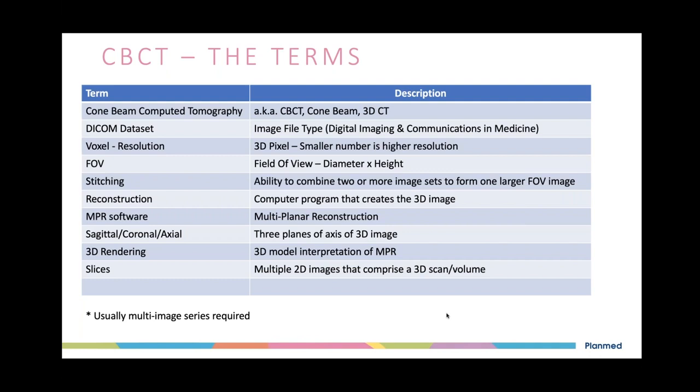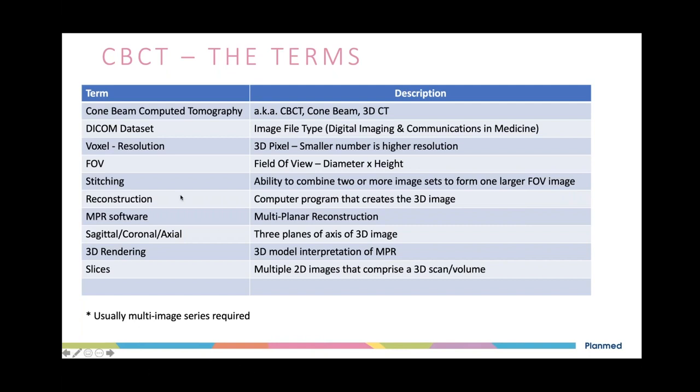Reconstruction is the computer program that creates the 3D image. A 3D image is comprised of a number of individual two-dimensional slices. As the tube head goes around the patient, it's taking a number of individual images, and depending upon the voxel size or the resolution and the field of view will determine how many individual two-dimensional images it will take.